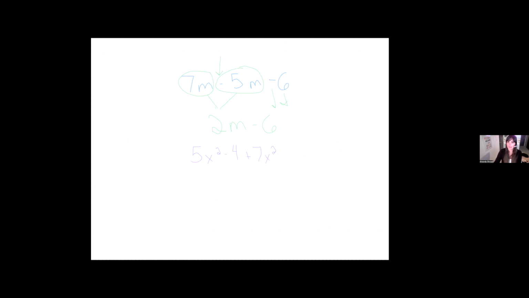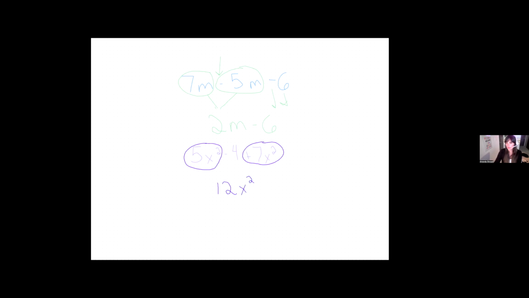We're going to get our 5x to the second power, and we'll combine that with our 7x to the second power, making sure to grab that plus sign. Since we grabbed our addition sign, we know we can add them. So 5x to the second plus 7x to the second will give us 12x to the second power.